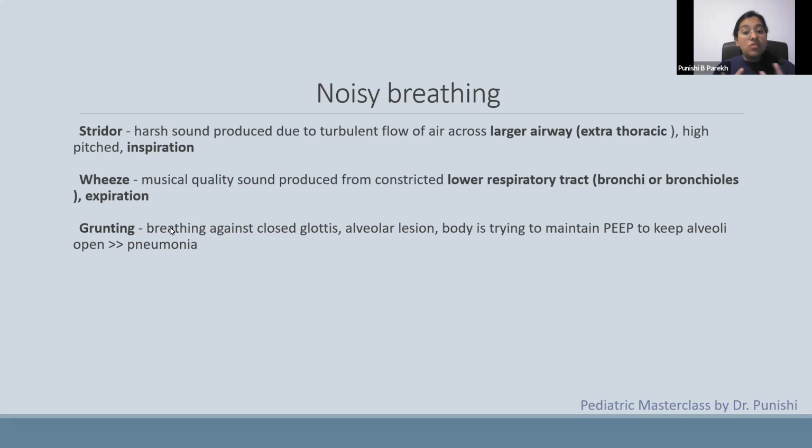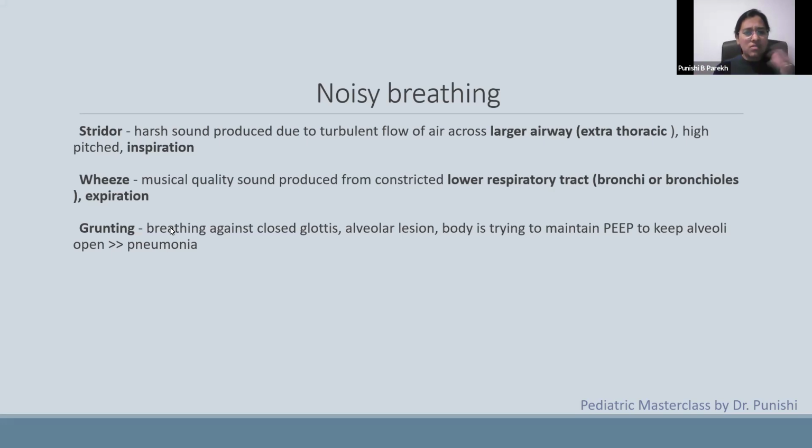So the body is trying to maintain PEEP. What do I mean by PEEP? It's the positive end expiratory pressure, so as to keep the alveoli open. Grunting usually happens when there's a parenchymal or an alveolar involvement, like we see in pneumonia. So the three important differentials of noisy breathing would be stridor, wheezing, and grunting.